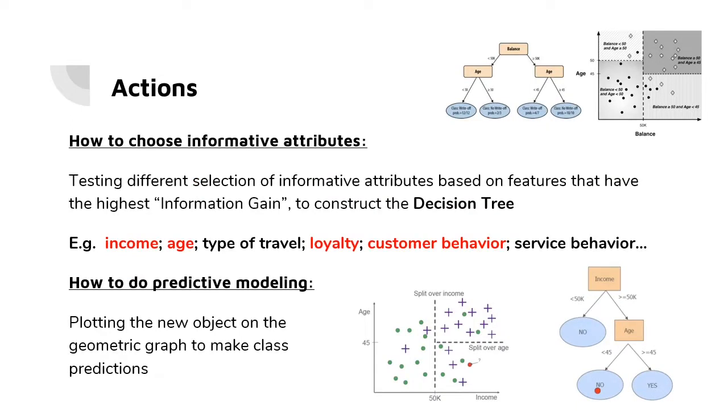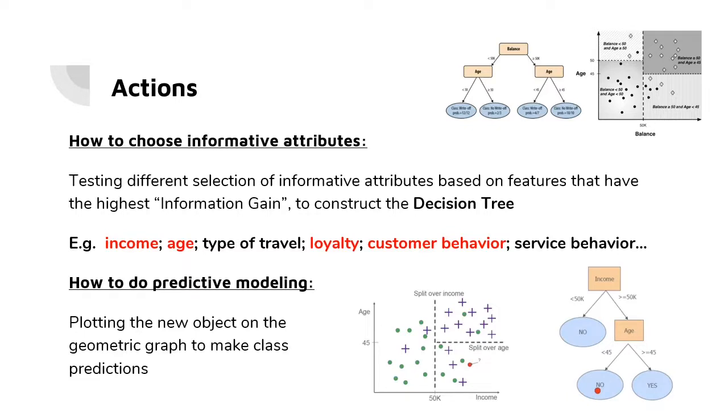So how can they do the customer segmentation? They should start with choosing informative attributes, by testing different selections of informative attributes based on features that have the highest information gain. So say for example, Shangri-La finds out that income, age, type of travel, loyalty, customer behavior, and service behavior are the most important informative attributes.